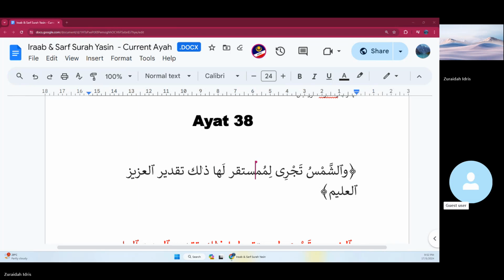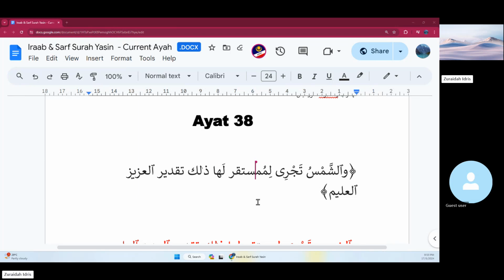Not attached to pronoun. Instead, it's attached to something else and it shows emphasis. You remember the la with what we call nun sakila, the heavy nun. La with the heavy nun, and then in between, you have your fi'il.